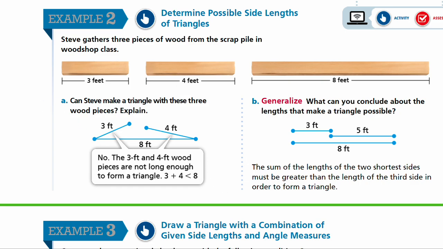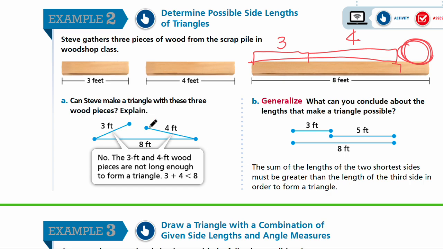So the longest that they could make together would be 7. Even if they lie flat, they would have 7 feet altogether. So there's no way we could have 8 feet with this sum, and it's not going to be a triangle.